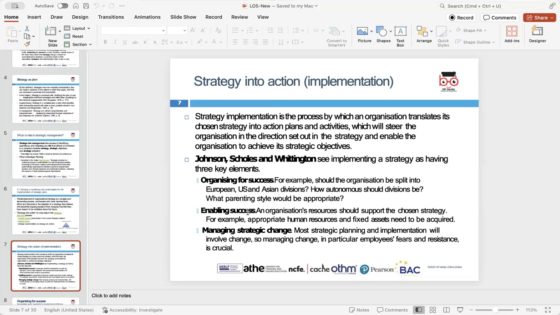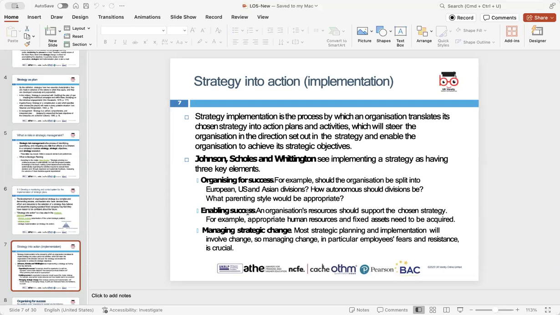First is strategic implementation. Strategic implementation is the process by which an organization translates its chosen strategy into actionable plans and activities. This ensures that the organization is moving in the direction set out in the strategy.